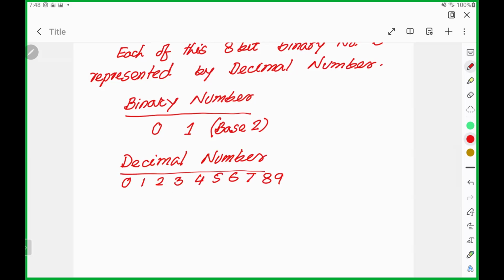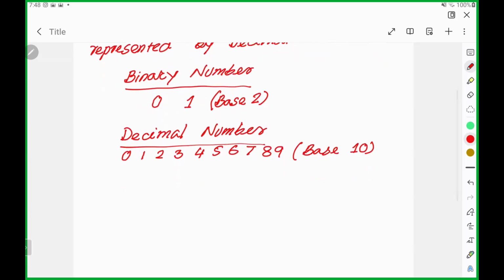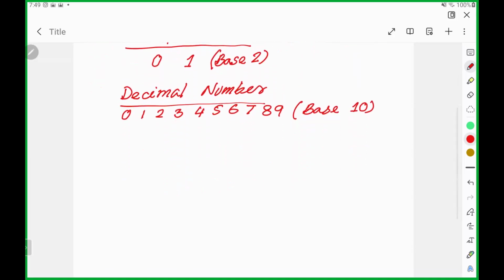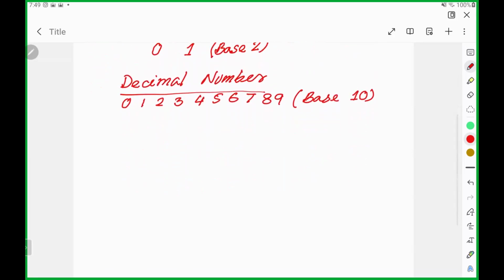So that is why it is called base 10. We are interested only in the 8-bit number within the IP address, so we'll learn how to convert a binary 8-bit number into a decimal number.